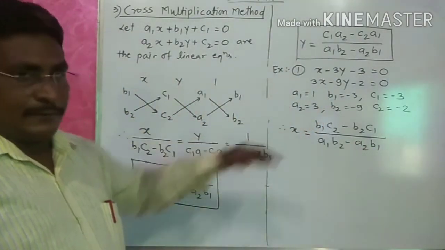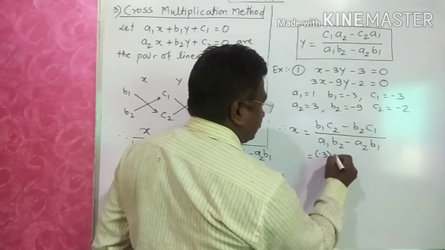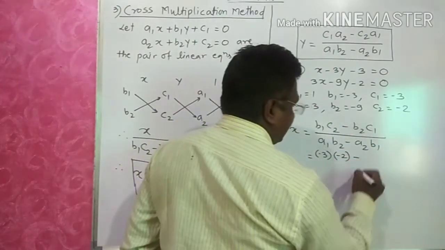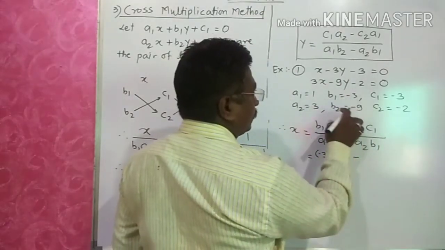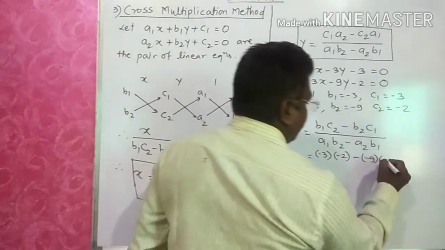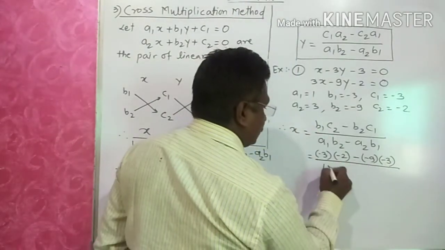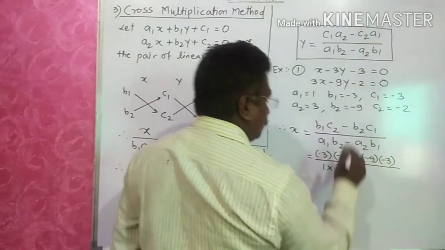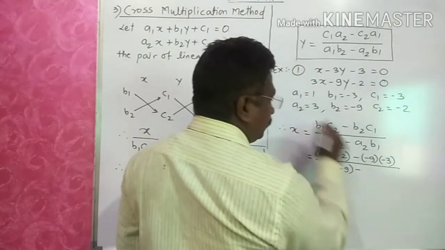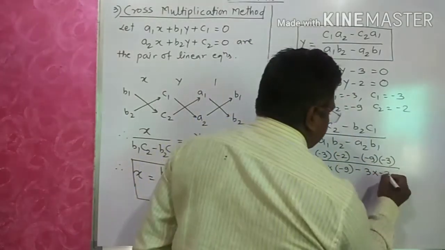Now substitute the values. b1 is minus 3 into c2 minus 2, minus b2 minus 9 into c1 minus 3, by a1 1 into b2 minus 9 minus a2 3 into b1 minus 3.